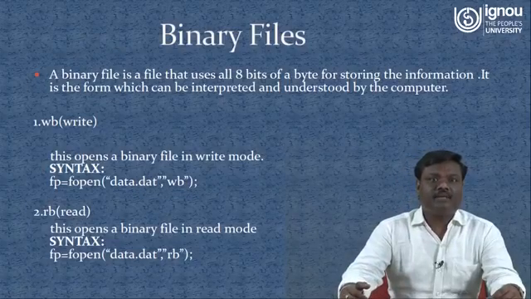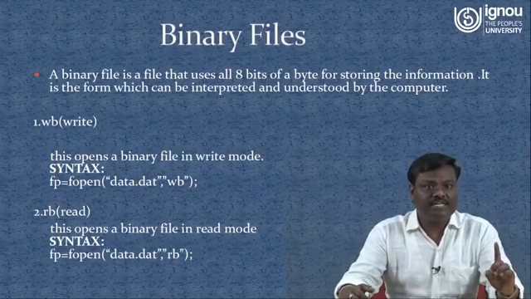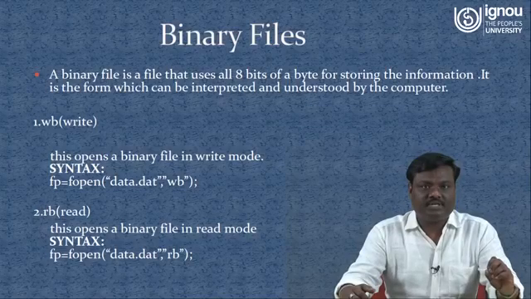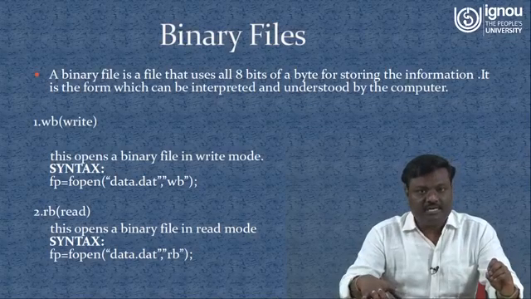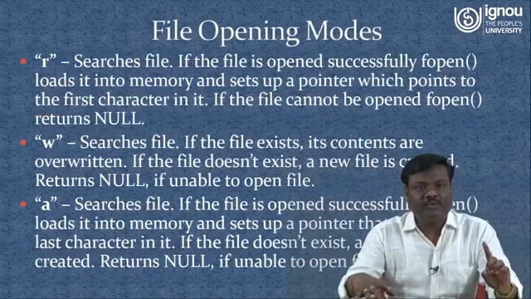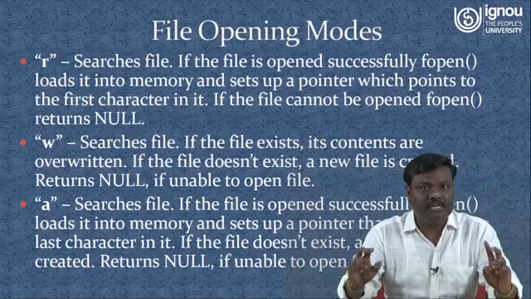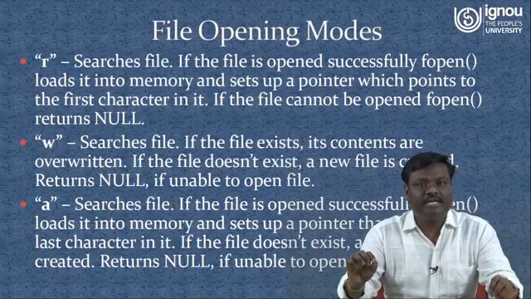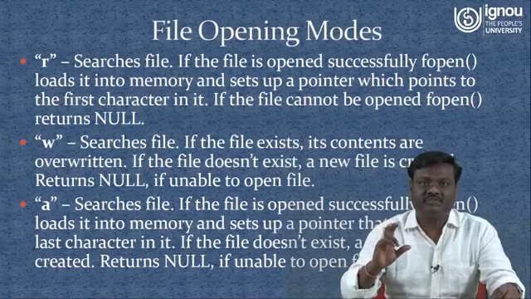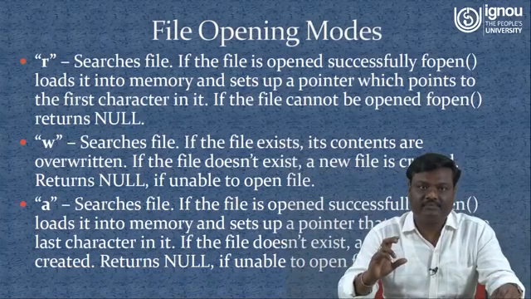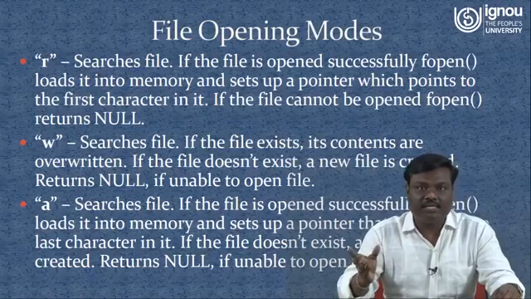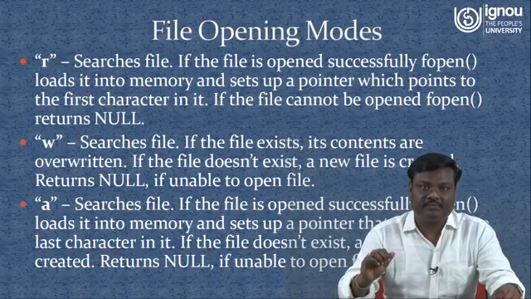Next, coming to the binary files: the modes so far are meant for text files. Even here, you can write RT also within double quotes. By default, if you write R, it will take the text file as the default. If you write RT also, the same thing will happen.